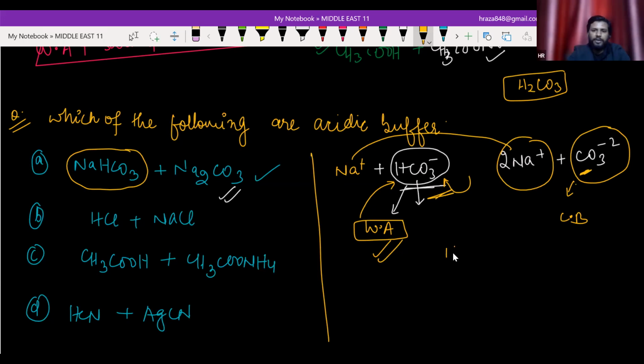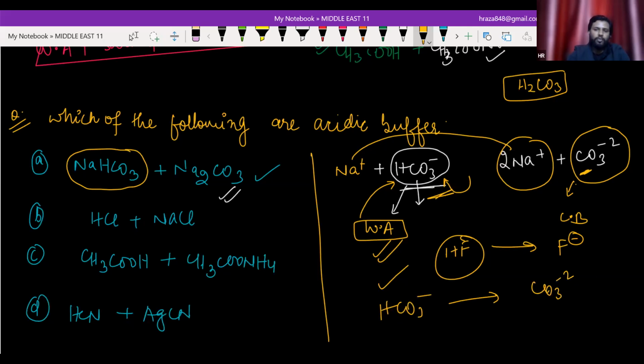If I ask what is the conjugate base of HF, then F minus is the conjugate base. So HCO3 minus is the acid. What is its conjugate base? Remove H plus, then it will be CO3 minus 2, right? So the mixture of this HCO3 minus and CO3 minus 2 is a buffer solution.